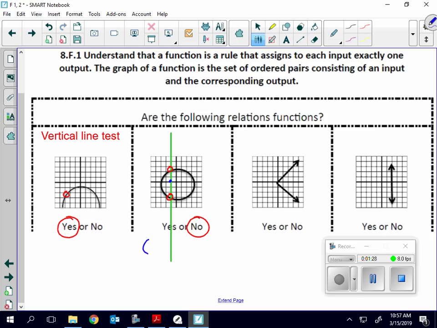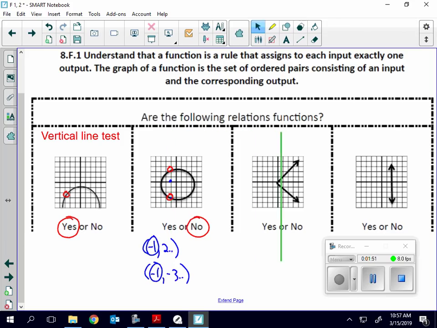So we have the points -1, comma, 2 point something. And we also have -1. This one down here is at like -3 something, whatever, right? So this x has 2 different y's. That causes it to not be a function.